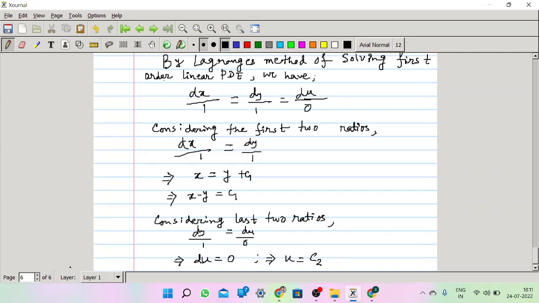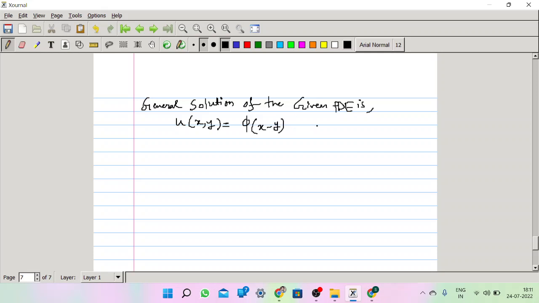So the general solution of the given PDE is u of x, y equal to phi of x minus y, where phi is a differentiable function.